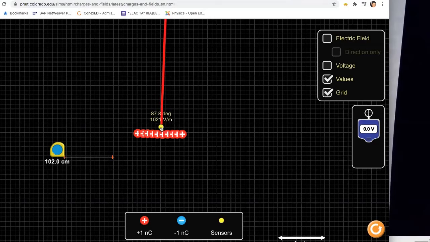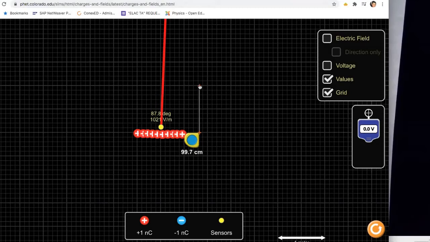Each of these lines is 10 centimeters, and this is 20, 30, 40, 50 centimeters.